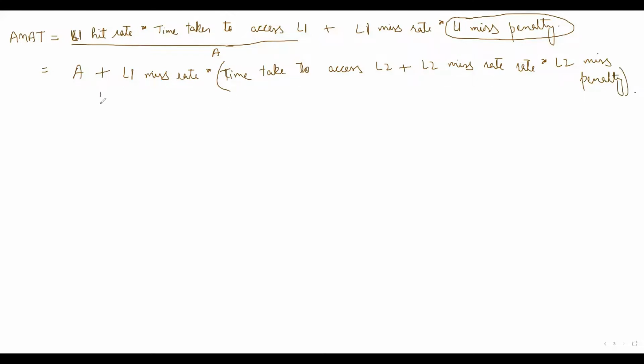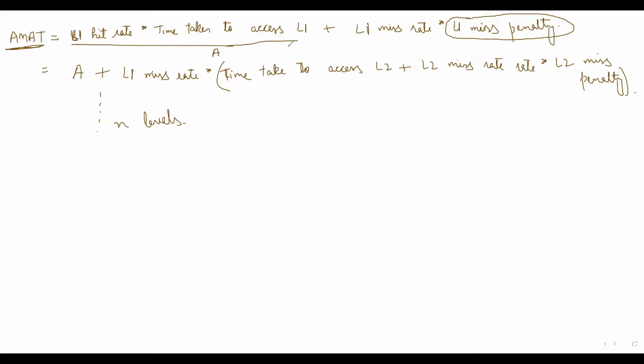Likewise, I can extend it to multiple levels. Let's suppose we have n levels of cache memory, then we can extend this average memory access time. I am not going to discuss it in detail because we have already discussed this in our last lecture.